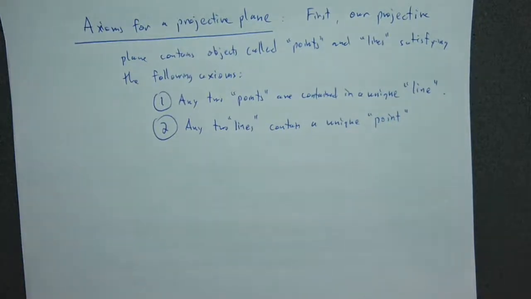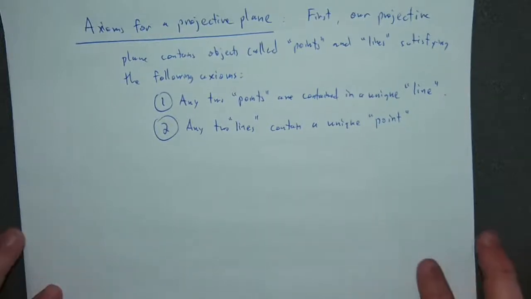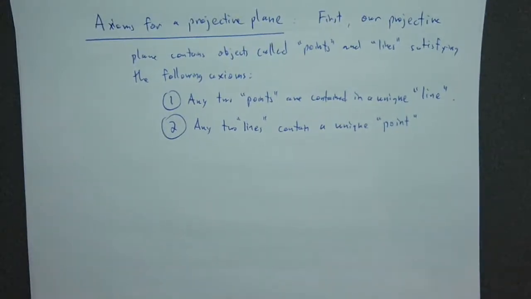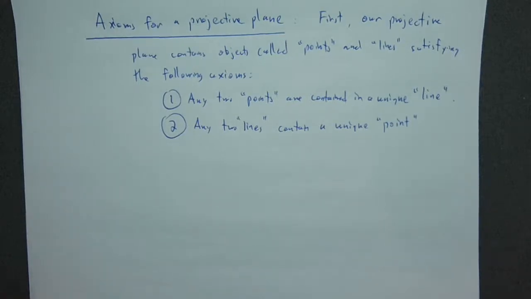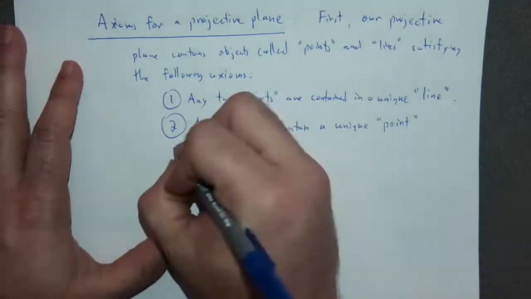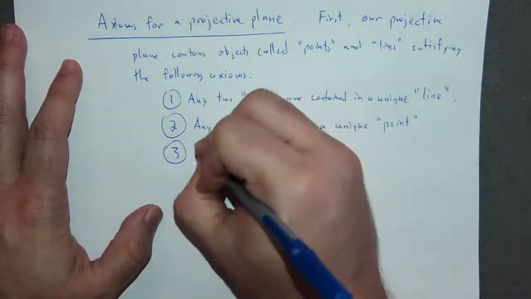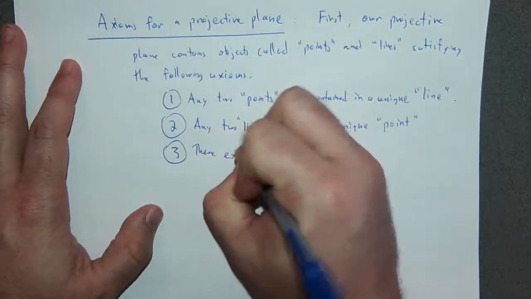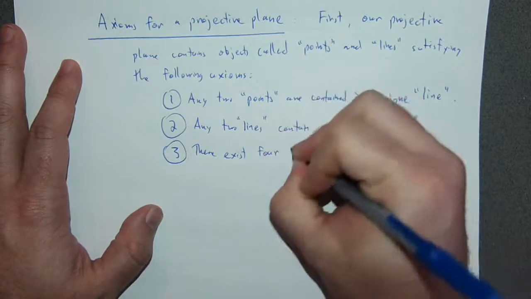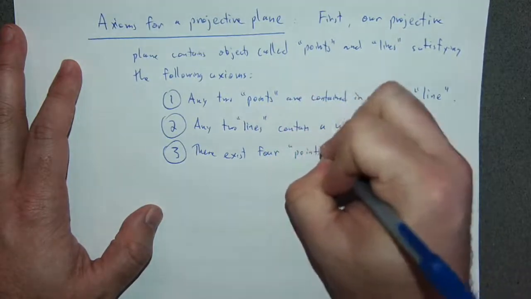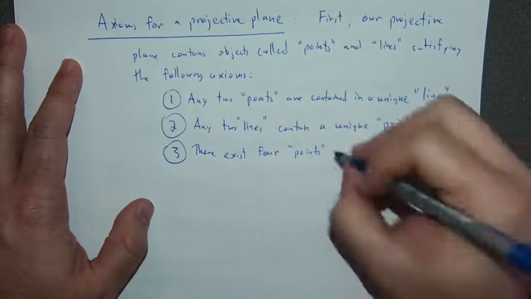So this is maybe a little strange at first glance. So I'll explain what this says here in a second. And our third axiom, there exist 4 points, no 3 of which are in a line.